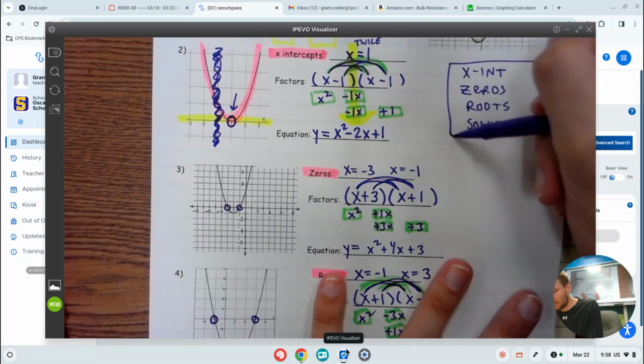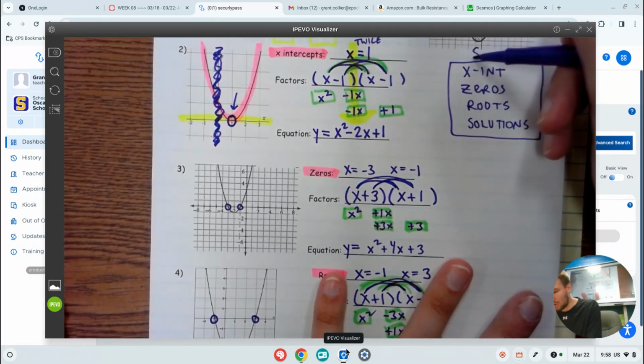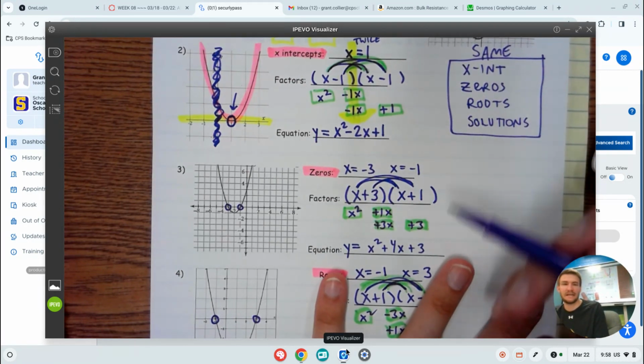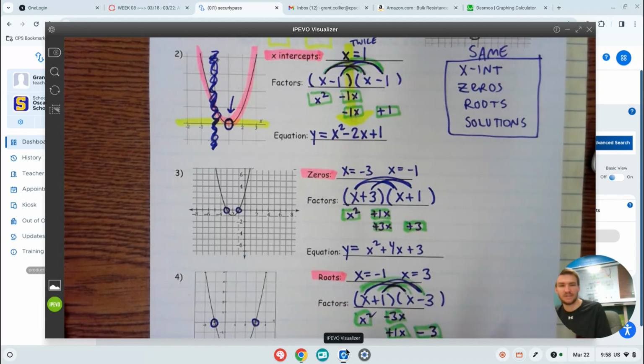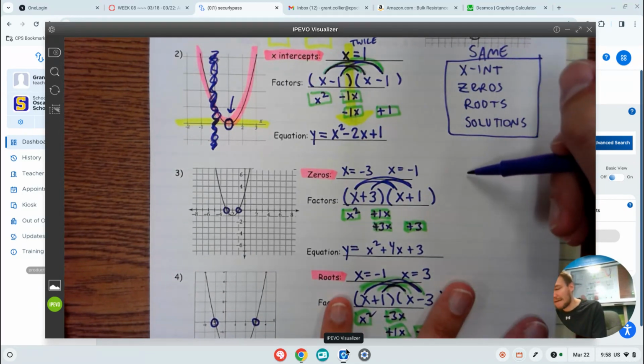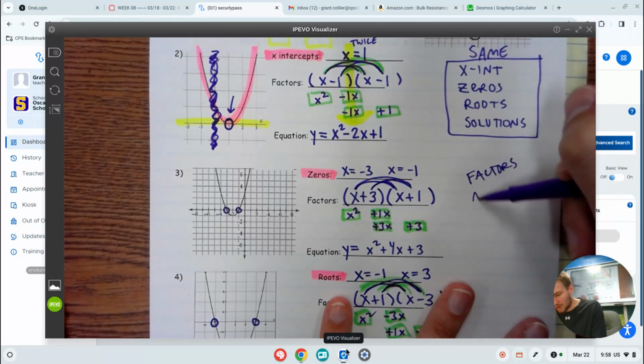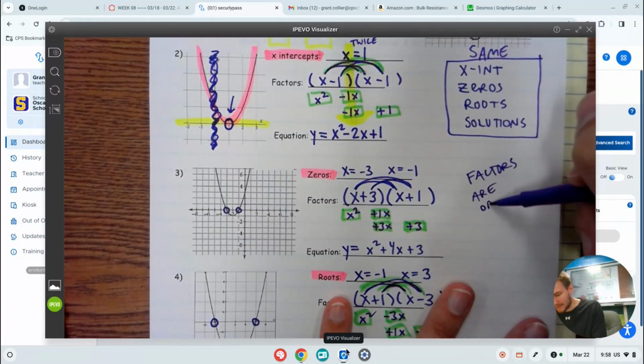And these 4 things are all the same. If you see a root, it just means an x-intercept. If you see a solution, it just means an x-intercept. But factors are opposites.